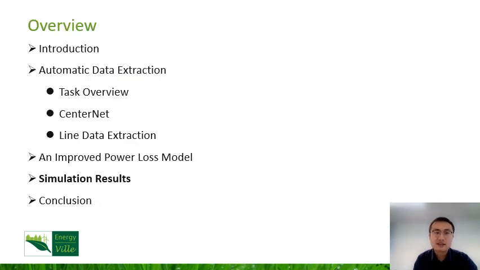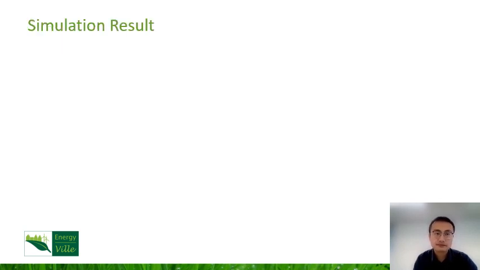The next part is simulation results. Here I will show the training losses for the object detection algorithms and examples of detection results. The datasets are divided into a training dataset and a validation dataset.